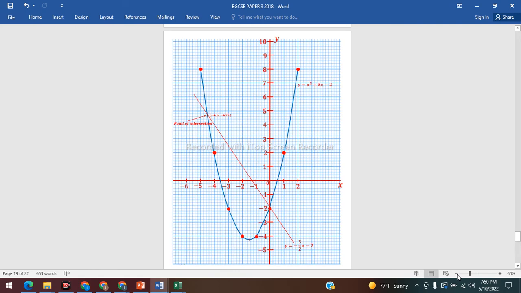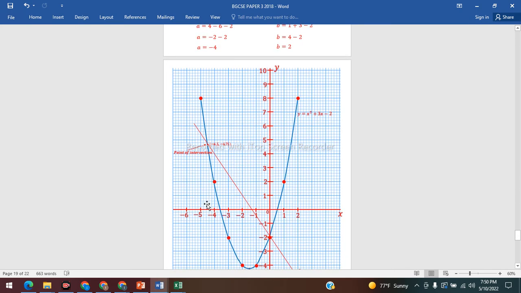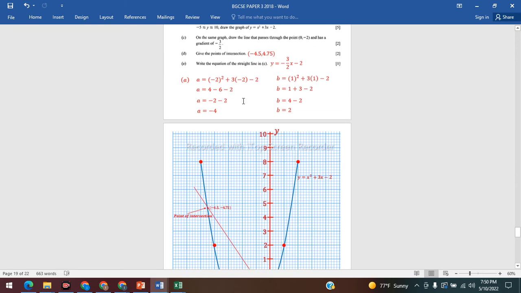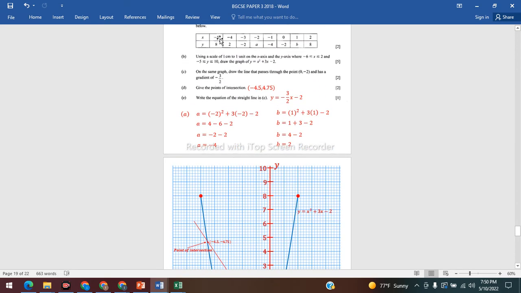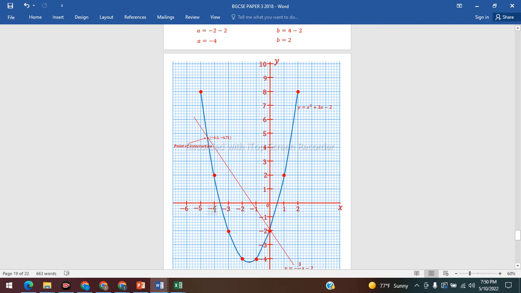And so we have to plot out each point. The first point that we have to plot out is negative 5 and 8. That's the first one that they gave us. Then negative 4 and 2.